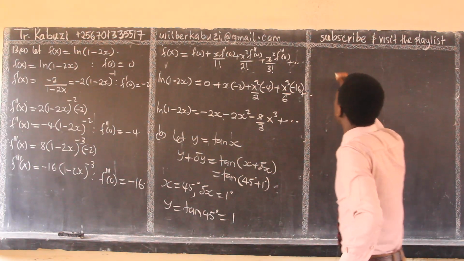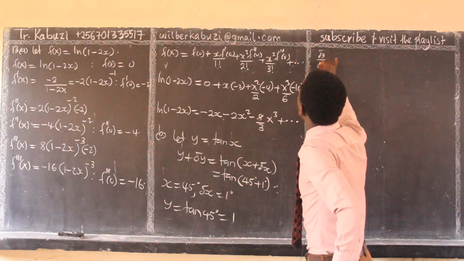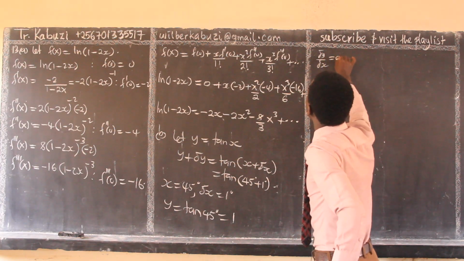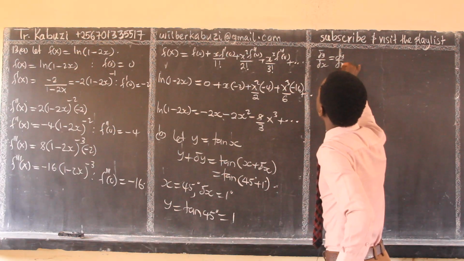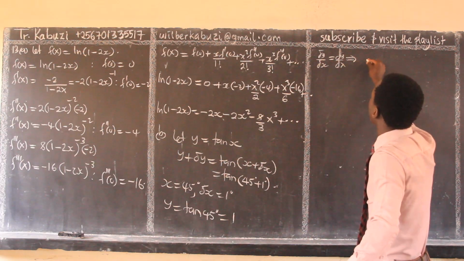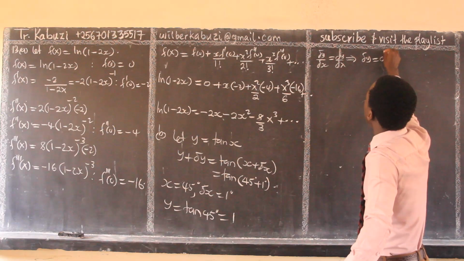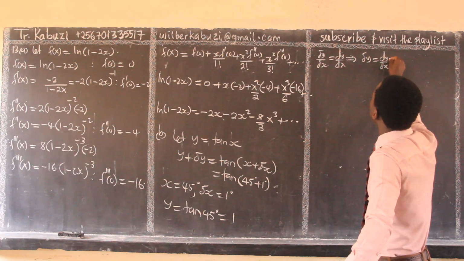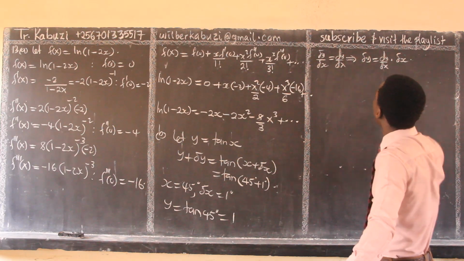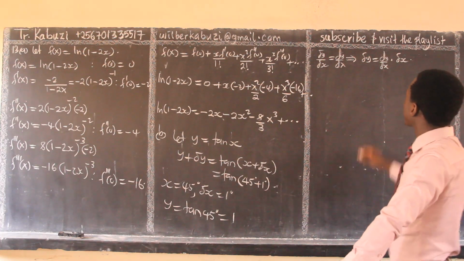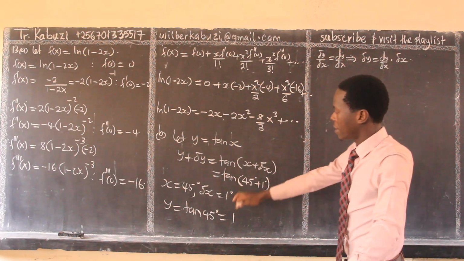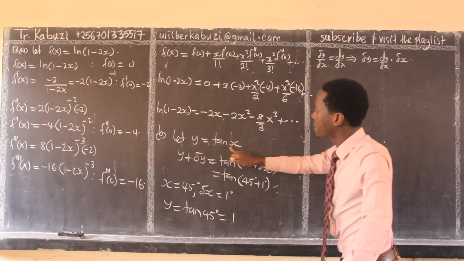But we all know that delta y over delta x approximates dy dx, implying that now my delta y will be dy dx times delta x. Now from here, I start by getting my dy dx.